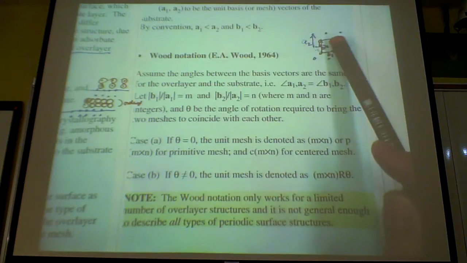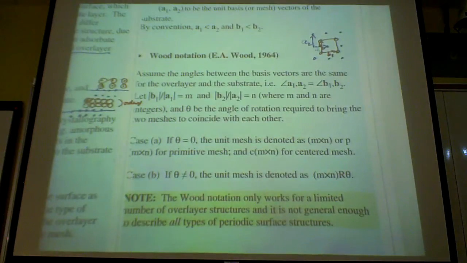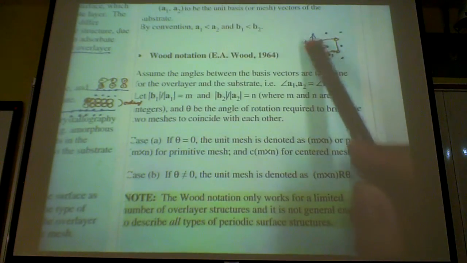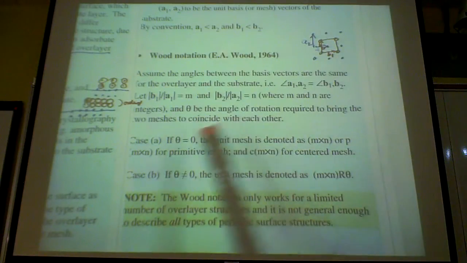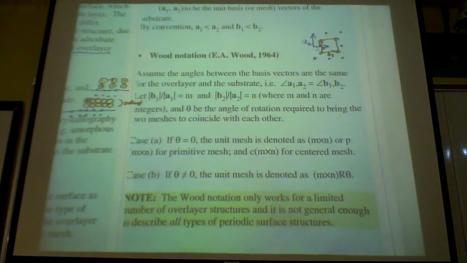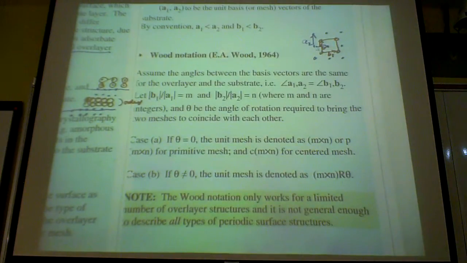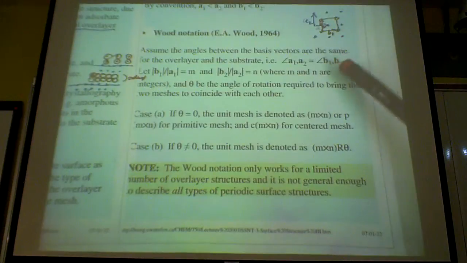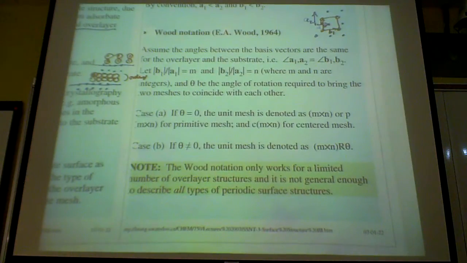That rotation angle, with respect to the original blue grid, is known as the theta angle, the angle of rotation required so that they can be in sync and go in the same way. So first of all, these are very interesting, but again, a very restricted number of overlay structures that we can describe by Wood notation.